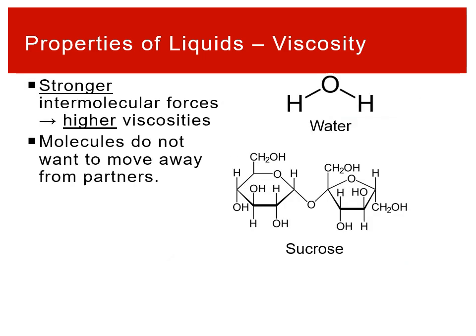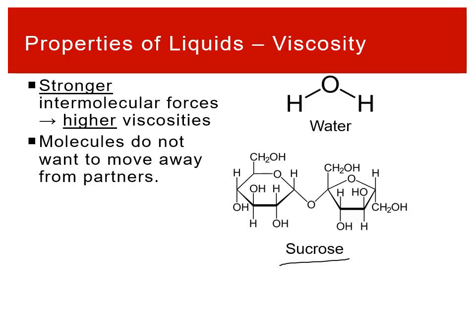So high viscosity, again, corresponds to strong intermolecular forces. If we think about viscosity, it's the idea of flowing, and flowing means the molecules are moving relative to other molecules, which means they are separating. You're necessarily breaking intermolecular forces. Water can form hydrogen bonds, so it has very strong intermolecular forces, but it can only form a handful of hydrogen bonds.